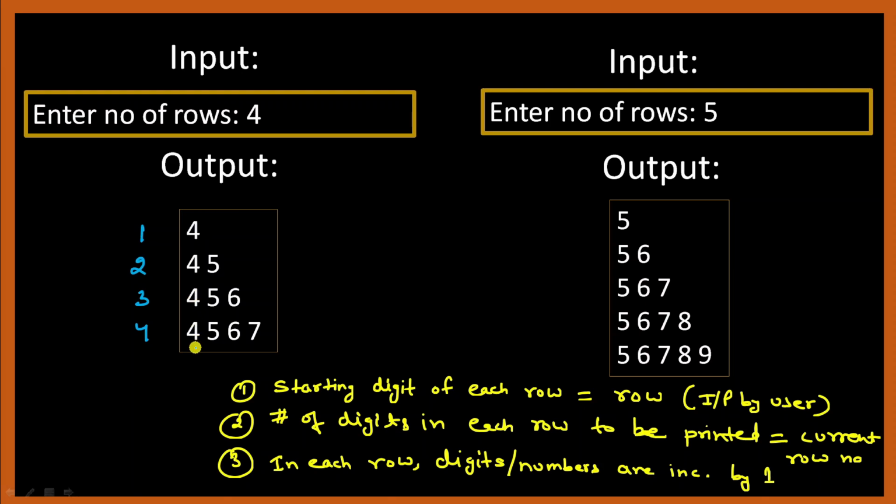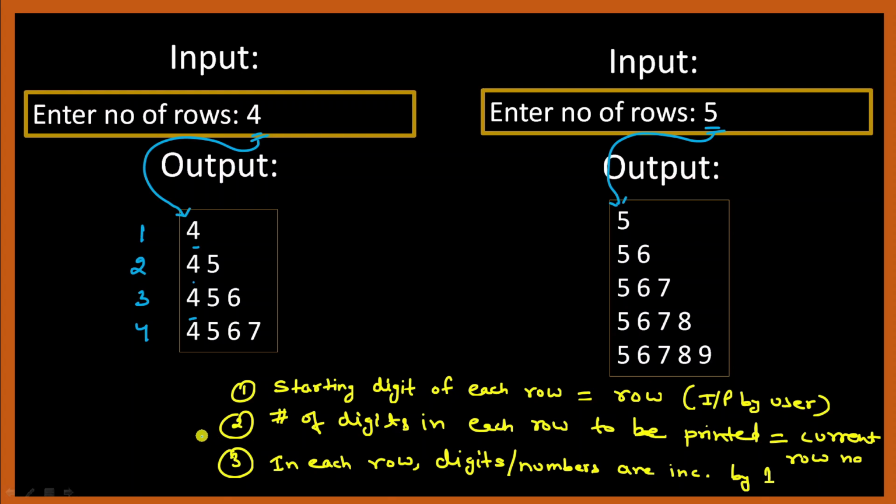So one thing is sure: what is the starting point of each row? It is decided by what is given as input. If the number of rows given by the user is 4, then this input will be used as the starting point for each row. If the number of rows is 5, then this 5 will be used as the starting point for each row.